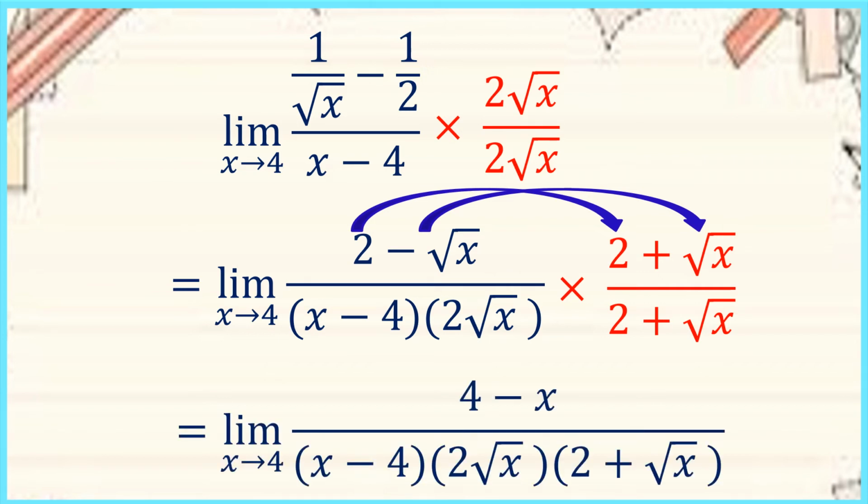So in the numerator, we get 4 minus x, and in the denominator, multiply everything. So we will be getting x minus 4 times 2 square root of x times 2 plus square root of x. From here, in the next slide will be the other solution.